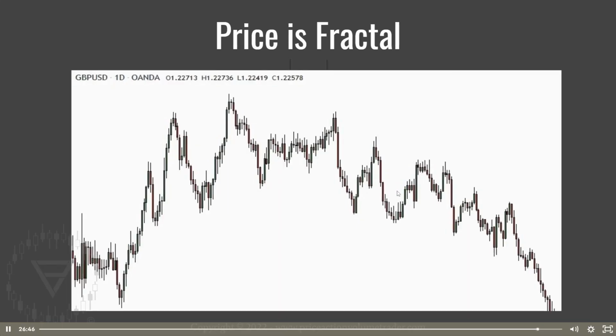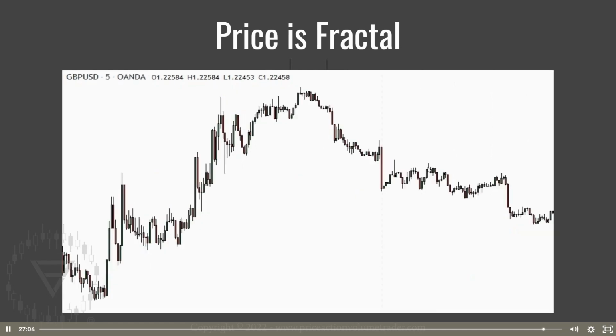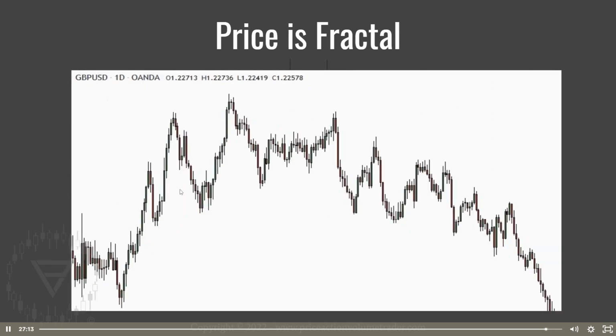And then just to finish off this lesson, going back to the concept that price is fractal, you can see here I just have examples of several markets on different time frames. This is Forex pound dollar daily chart. This is pound dollar 60 minutes and pound dollar 5 minutes. And what you can notice is that on all these different time frames, we're observing very similar behaviors.